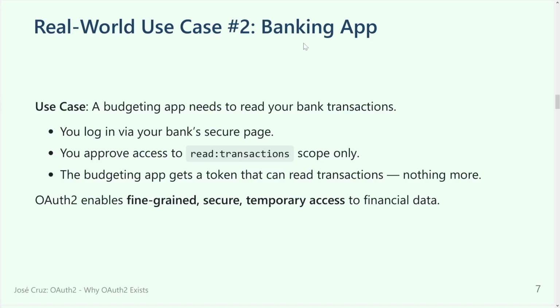Meaning that your application will be a client for your bank, which means your application is registered on the bank, and every time this application tries to read your transactions, it will ask the bank, I want to read these transactions, and the bank will say, okay, first let me ask the username and password of the real person. The real person will have an interface and manually introduce the username and password.